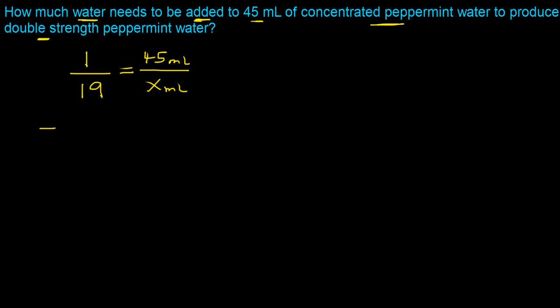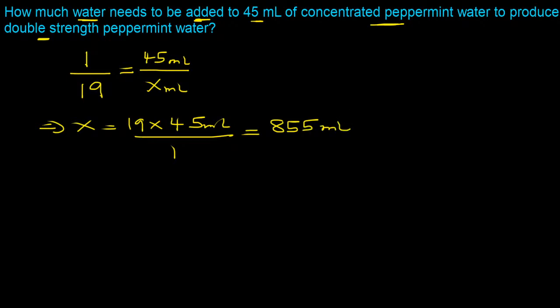If we solve for this x, that will give us the answer to the question. So x will be equal to 19 times 45 milliliters divided by 1, and that gives us 855 milliliters.